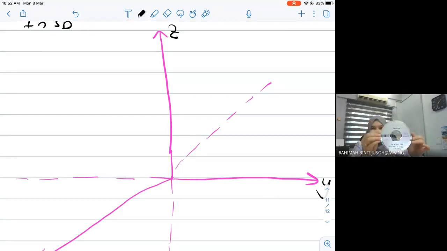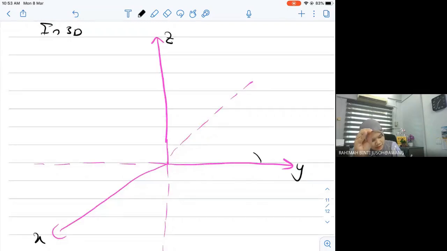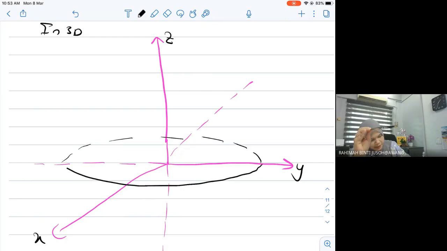Tadi pandangan atas macam ni, pandangan hadapan dia macam ni. Okay, so what happened guys? For the first circle, the biggest circle dengan radius 5 tadi tu, we will have something like this. Okay, you lepehkan dia macam ni. Tadi dia macam ni kan? But now, make it like this.